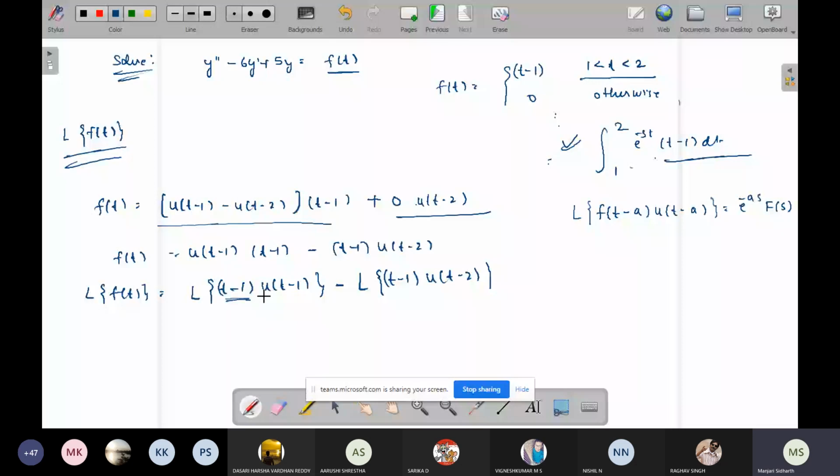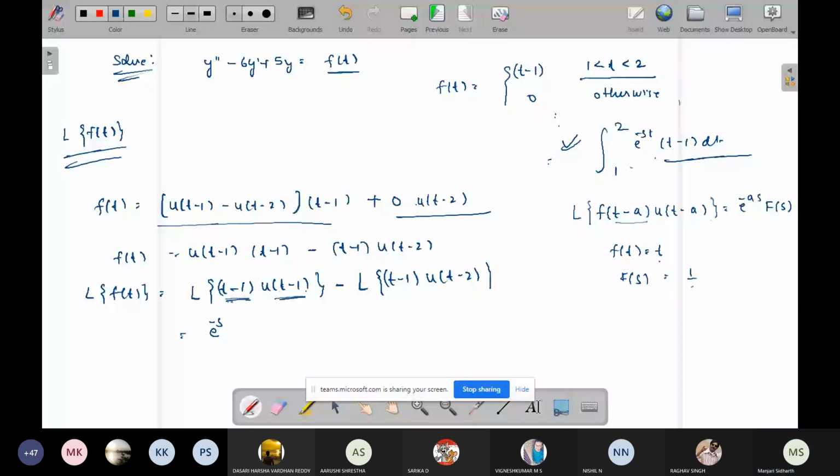T minus 1, t minus 1, same, right? T minus a, t minus a. So the e power a value is 1 here, that means minus s. Fs, so for this, ft is simply t, then only t minus 1. Fs you will get 1 by s square, right? So the first term is this.